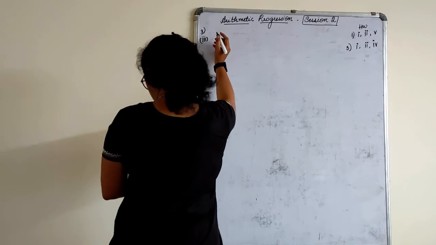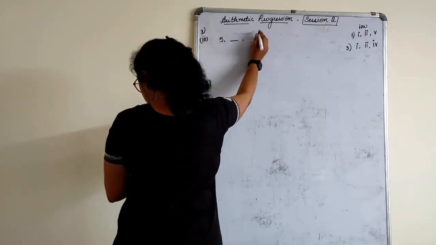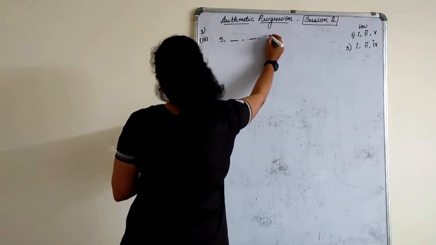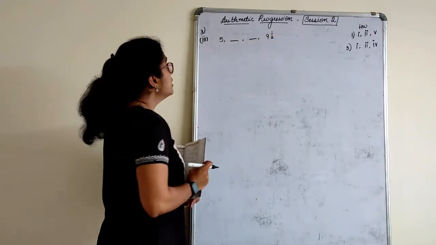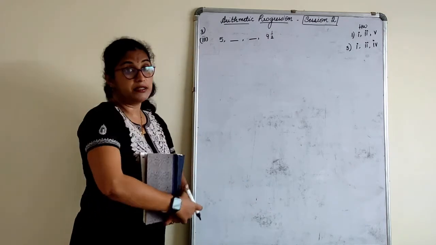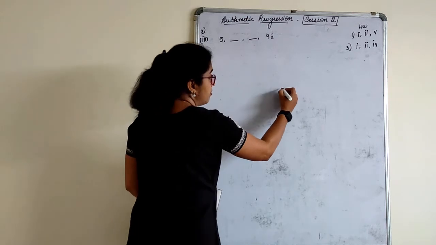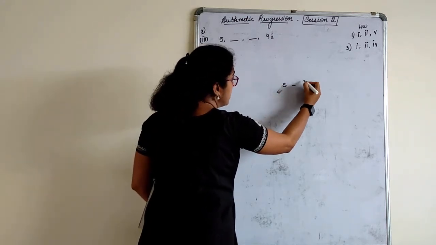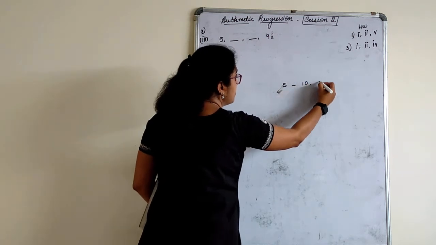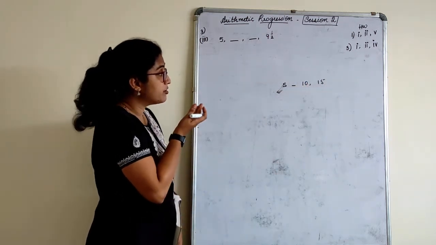So quickly I'll write the third one, however it is given. It is given as 5, a blank, one more blank, and 9.5. Now we need to find the missing terms in between, children. If one term was given, say this was 5, one was missing, and another term was say 10, then say it is 15, then I could easily find the common difference.